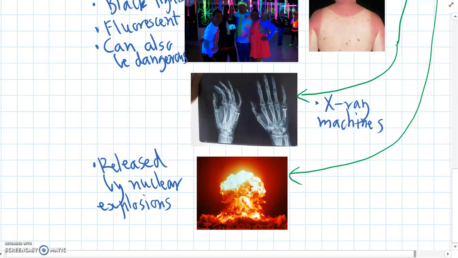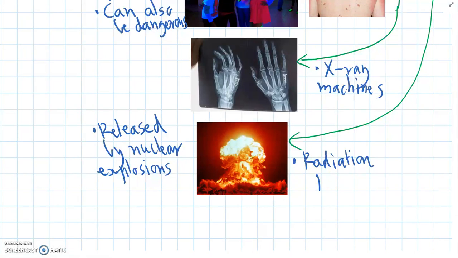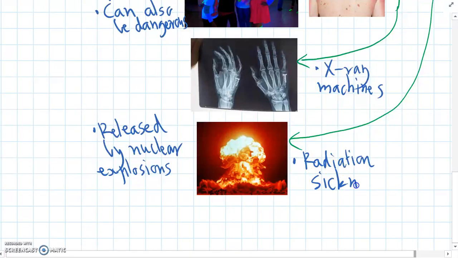Nuclear explosions. And this is part of the reason why nuclear weapons are so dangerous, because gamma radiation basically poisons humans. It causes radiation sickness, and depending on how much of the radiation you get exposed to, it can kill you within minutes.